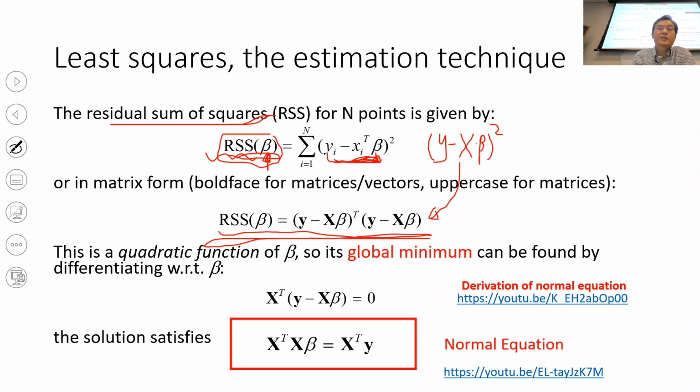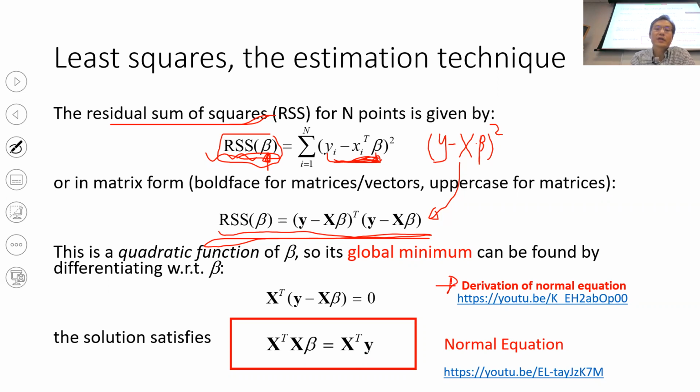So the next statement is not so obvious. I'm going to derive why that's the case on the blackboard here. That's called the derivation of the normal equation. But you can just remember the conclusion.